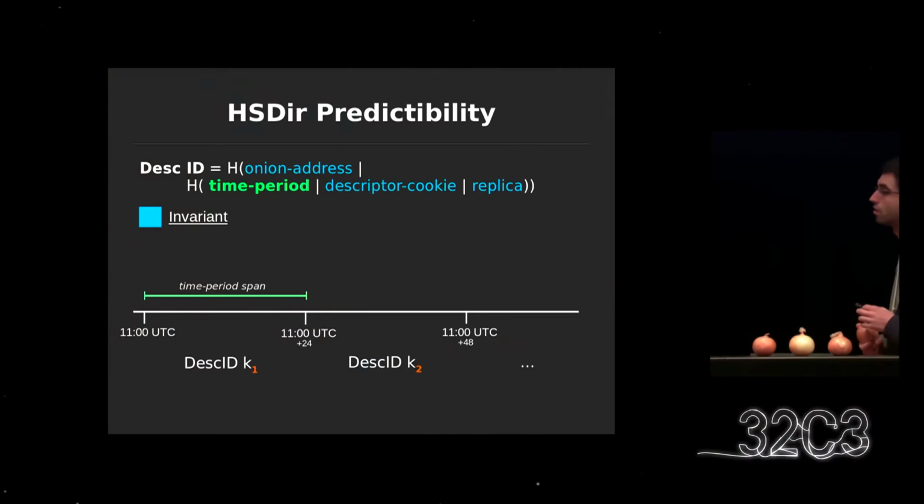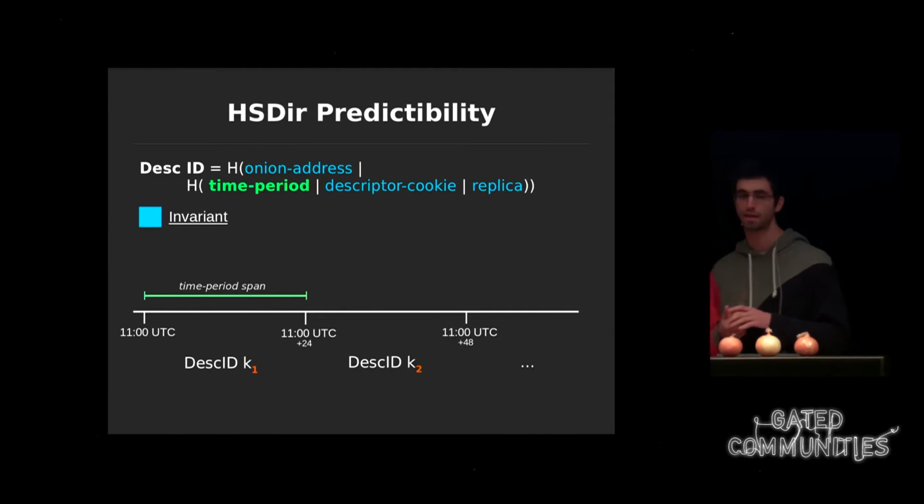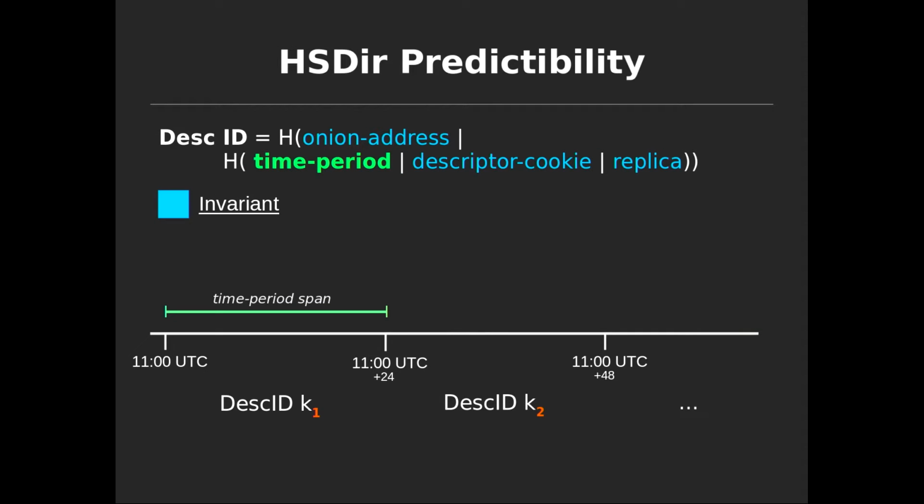The first one we call HSDIR predictability, and it touches the subject that Roger mentioned, the database in the sky, which is basically that every hidden service has 6 hidden service directories, 6 relays of the network being responsible for it. So every day, each hidden service has 6 relays responsible for it, and it chooses them using this weird hash formula there, which, as you can see, is deterministic. All of the inputs are static, apart from the time period, which rotates every day.